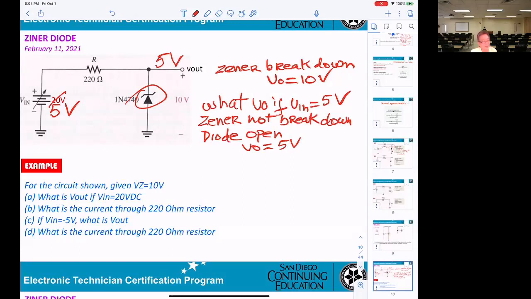You can add more things to the circuitry, then we cannot say. However, what I'm telling you, if they break down, then V equals VZ, the breakdown voltage. If they do not break down and they are not working normal, then they open.